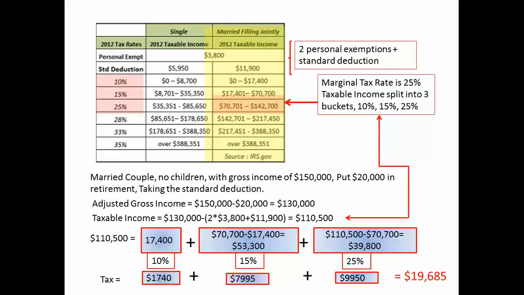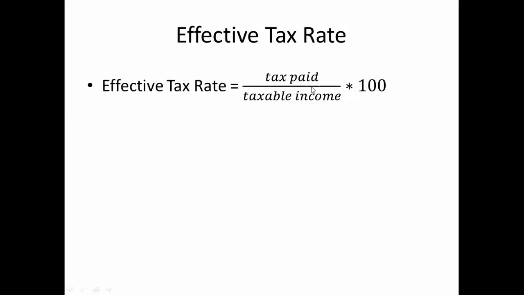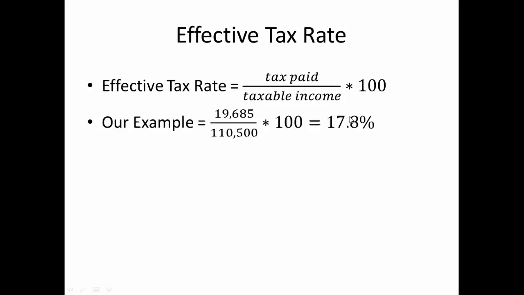That's not counting the FICA. Their effective tax rate is found by taking your taxes paid, dividing by your taxable income, and to make it a percent, multiplying by 100. They paid $19,685 in taxes and their taxable income was 110,500.